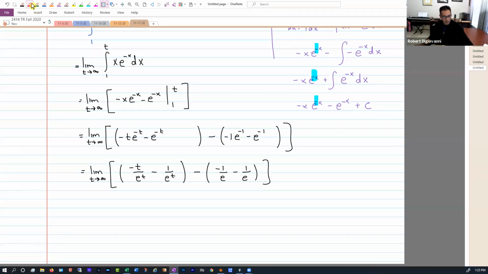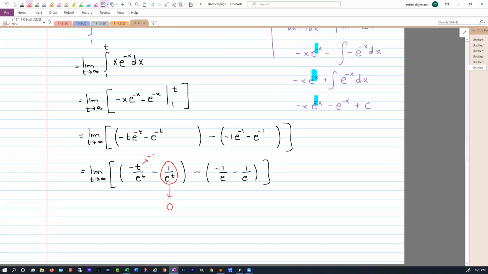You ready? Here it goes. Let's take care of the easy one first. This one goes to 0, right? Fixed number over something that gets infinitely big, that goes to 0. What about this one, though? The top's headed where? Negative infinity. Where's the bottom headed? Infinity.